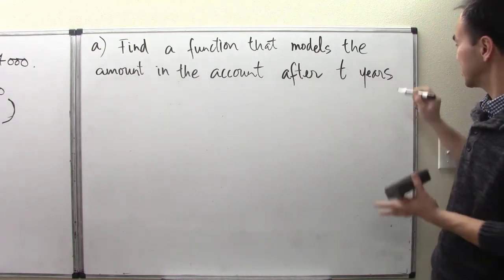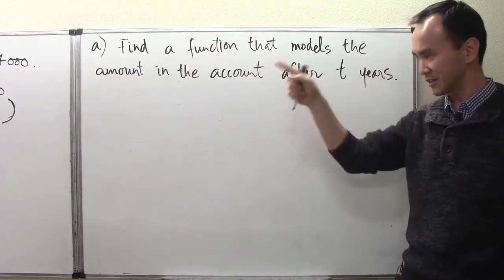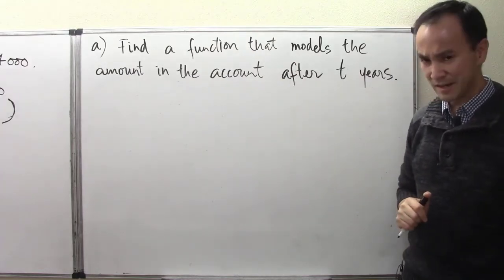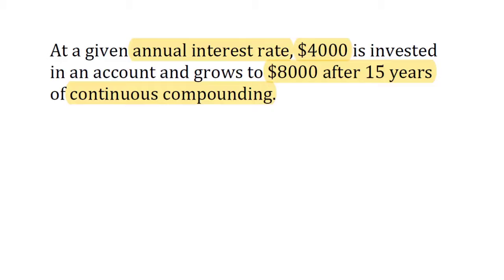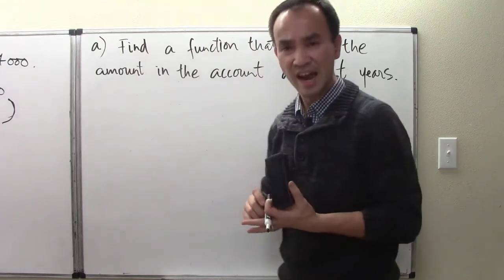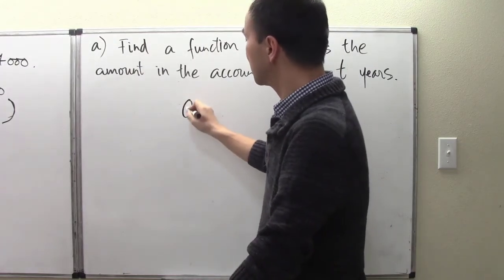So this is part A from the information we have had, and we call this example 2. As I mentioned earlier, this keyword about continuous compounding, after 15 years of continuous compounding, means that, in my explanation earlier, we have to stick with this function right here.